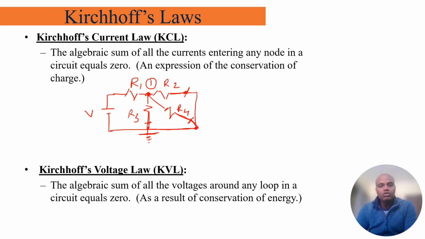With respect to this, we have denoted that this node will be of some other potential. That's why we have given that this is node number 1. As of now, we are not going to solve this circuit. We are just simply understanding KCL.